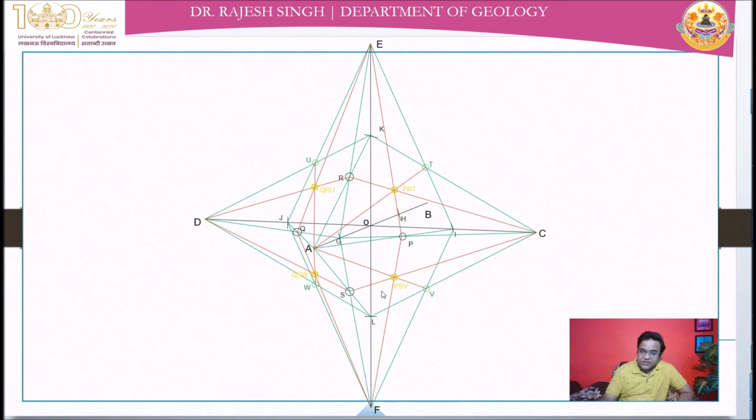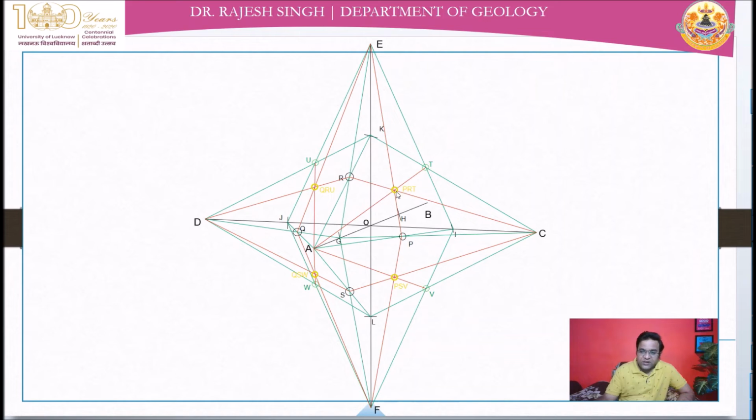Again you join this. So you will get an outline similar to this outer outline, and then an inner outline.